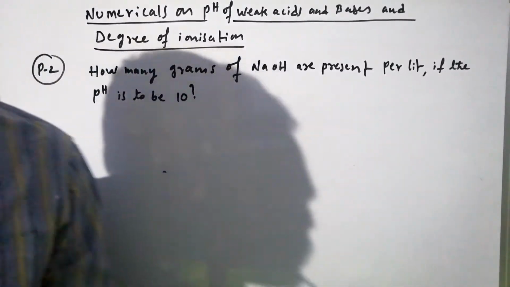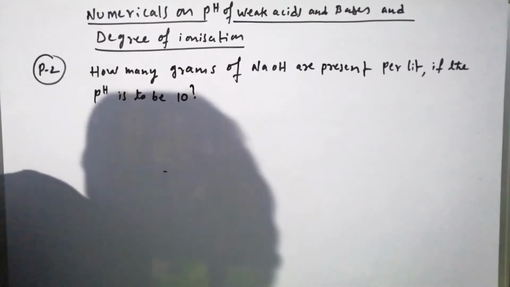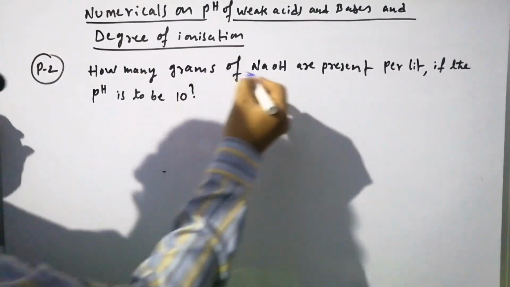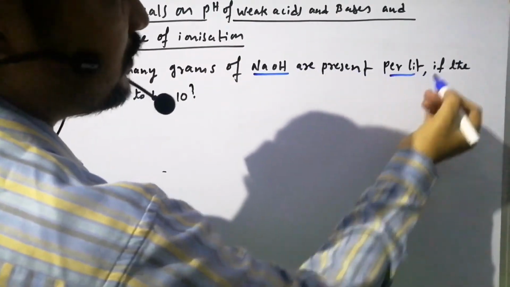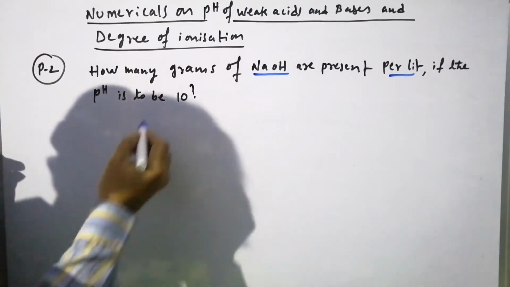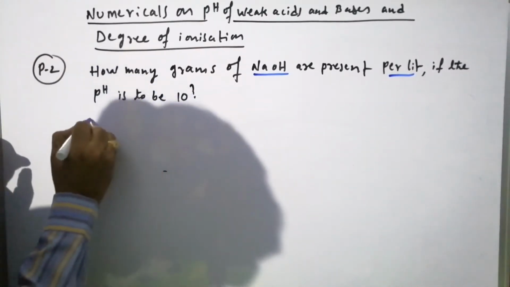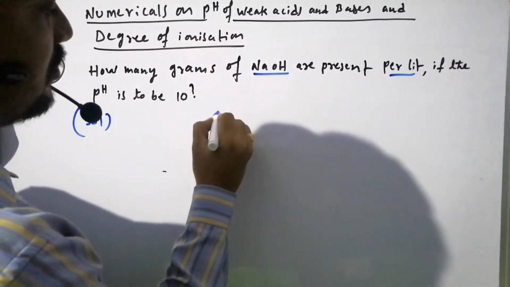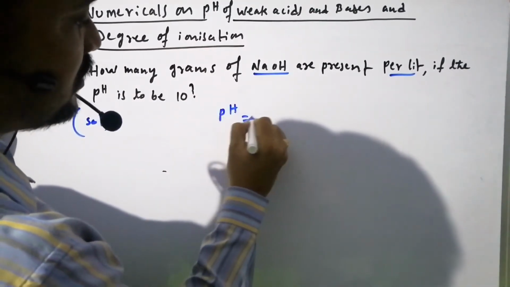See students, next problem. How many grams of NaOH are present per liter if the pH value is 10? In the problem, pH value was given. pH value is 10.